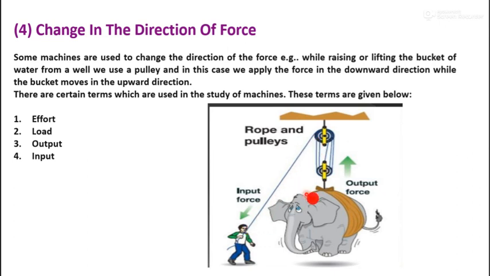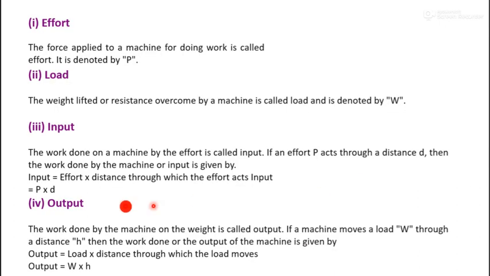Now, what is the output? The work done by the machine on the weight is called output. If the machine moves load W through the distance h, then the work done by the machine, or output, is given by output is equal to load multiplied by the distance through which the load moves, that is W multiplied by h.